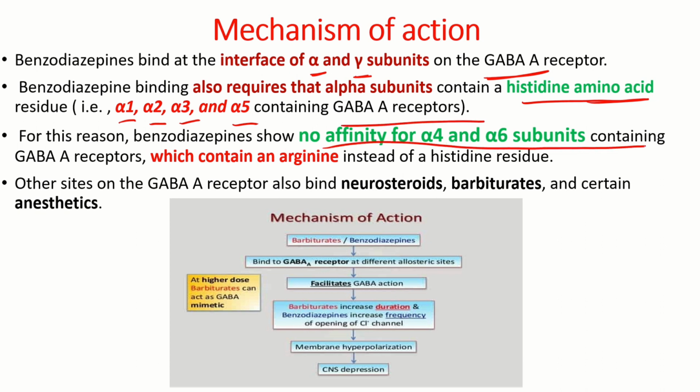For this reason, benzodiazepines show no affinity for the alpha 4 and alpha 6 subunits, because they do not contain histidine. They contain arginine instead of a histidine residue. Other sites of the GABA-A receptor also bind neurosteroids, barbiturates and certain anesthetics.